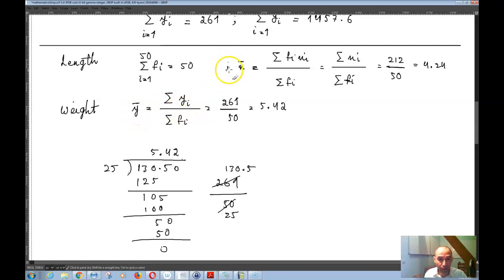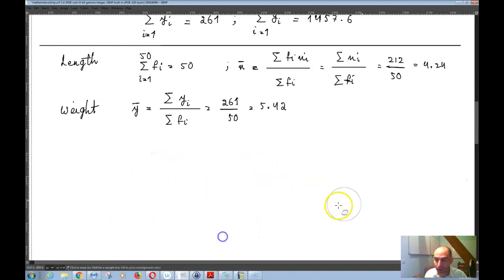So your x bar and y bar, meaning that the means of the two distributions, are not the same. So we need to calculate the coefficient of variation, which is CV equal to sigma times 100 divided by x bar, or in this case you could say y bar, for example.